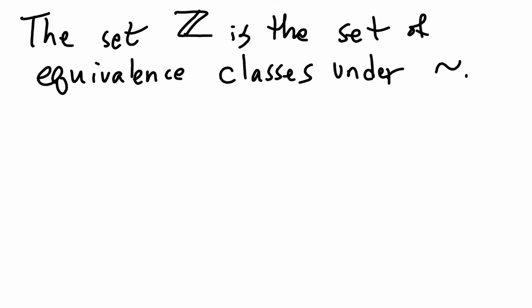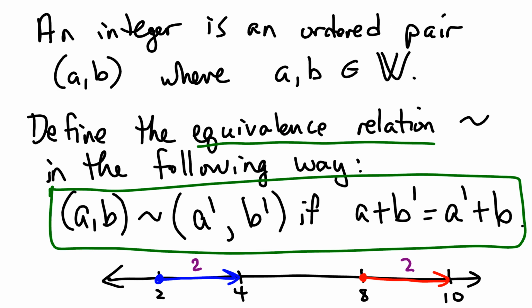Well, if both the blue vector and the red vector represent the integer 2, then the integer 2 is really an equivalence class of all of the possible ordered pairs where A and B are 2 apart, where B is 2 greater than A.